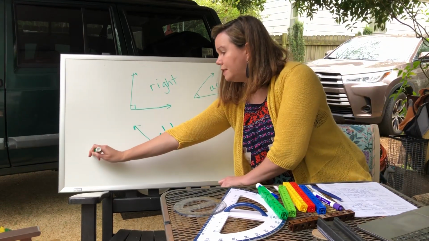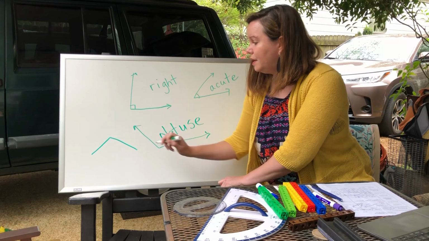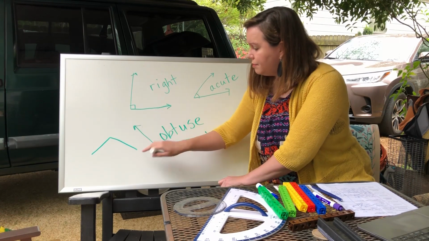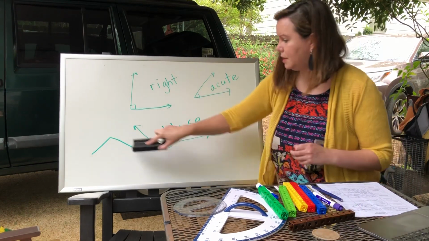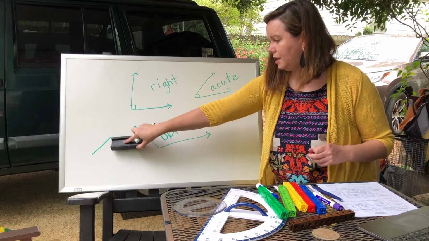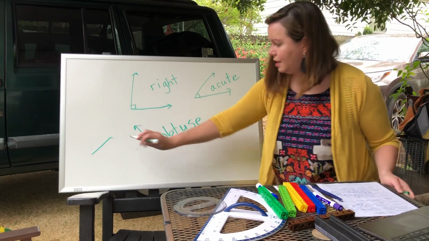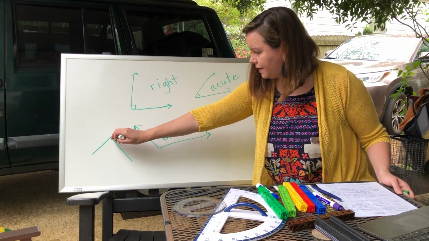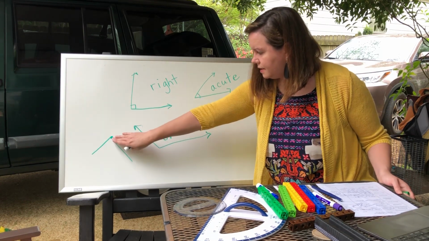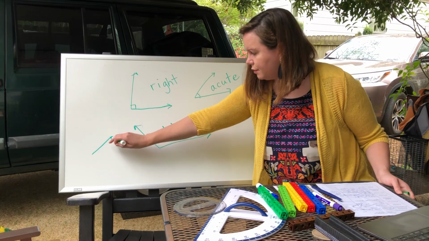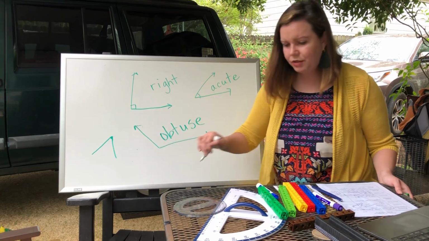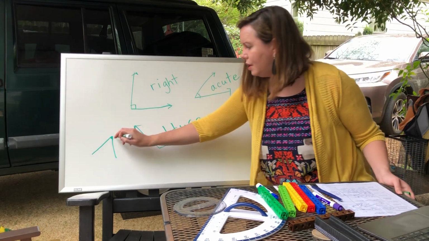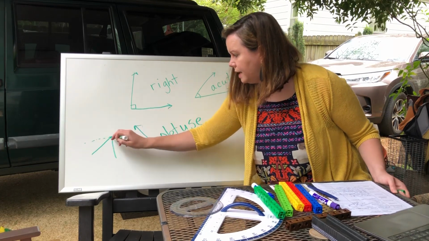Then you've got this one. Got this on the line, and it's going to be harder to do, the reflex, but you have to show that this is your straight line here.